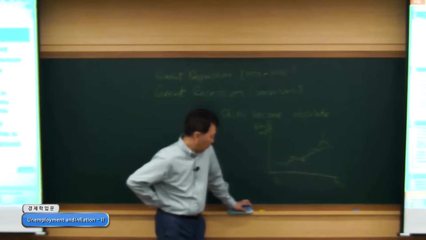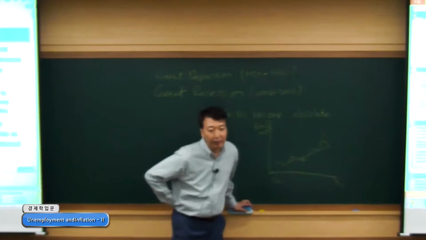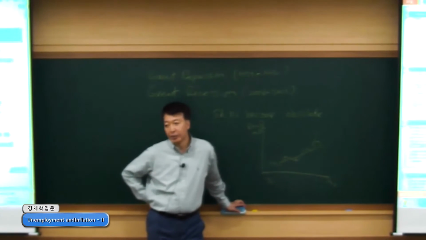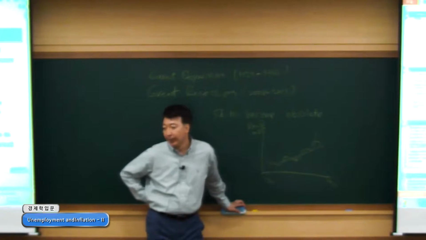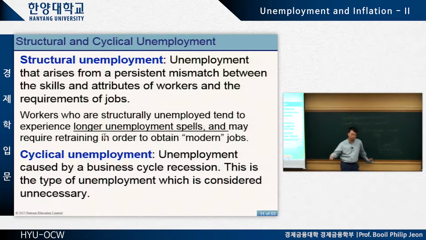So this is completely unnecessary. We don't need the business cycle. And I told you, most economists consider the cause of this business cycle to be politics, political elections, because of this 4 to 8 year cycle.